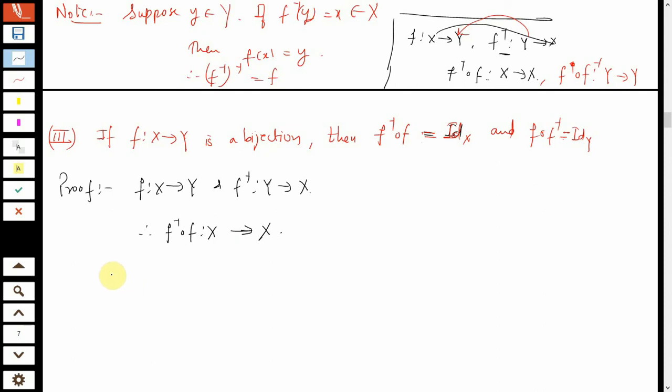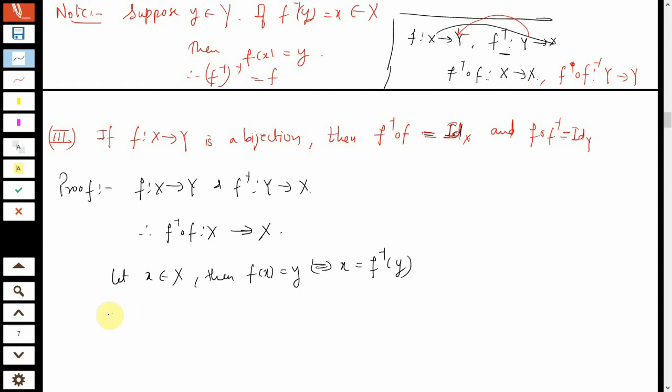So let x be a point in X. Then what we know is that f of x is equal to y if and only if x is equal to f inverse of y, by the definition of the inverse of a function.